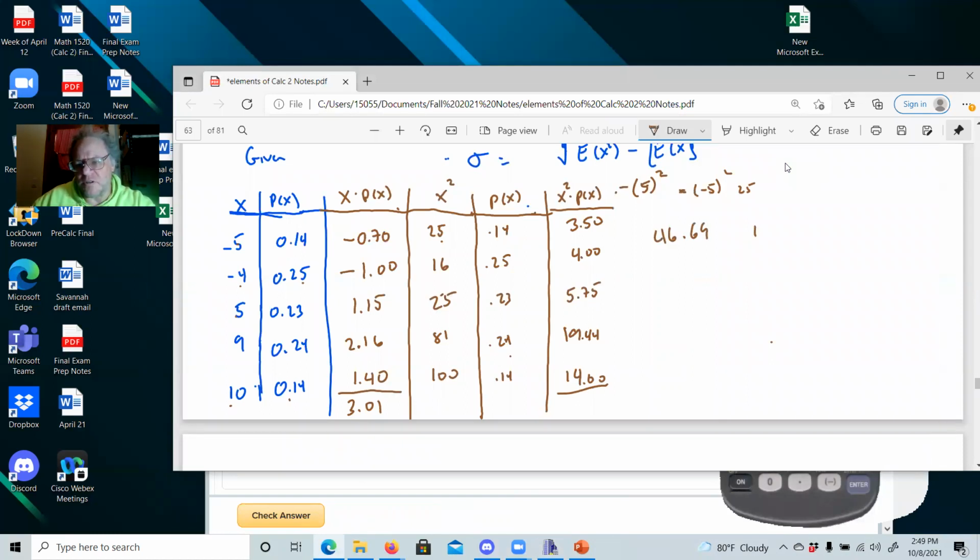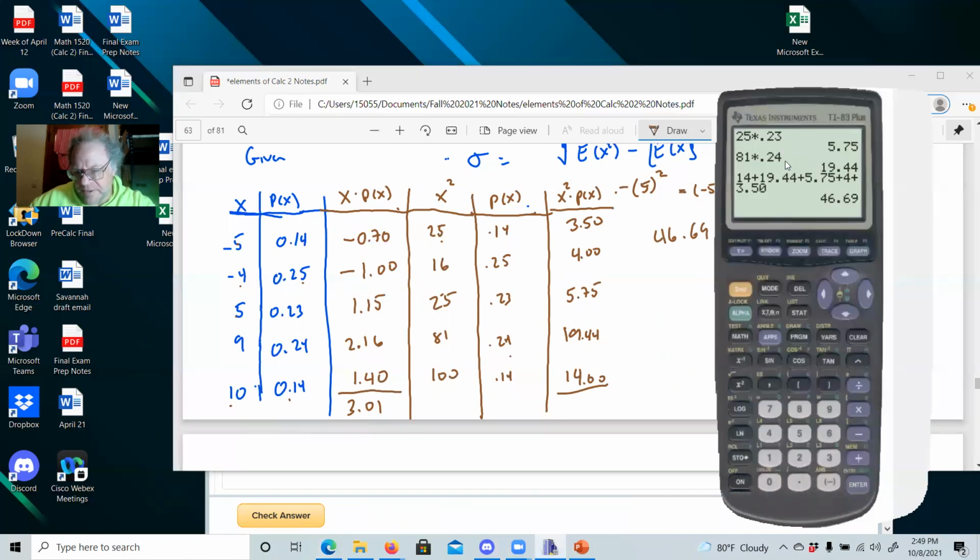This was 46.69. So what we're going to do is apply this formula: e of x squared minus e of x squared. Okay, and that's going to be my variance. So we need 46.69 minus 3.01 squared. All right, let's check that out.